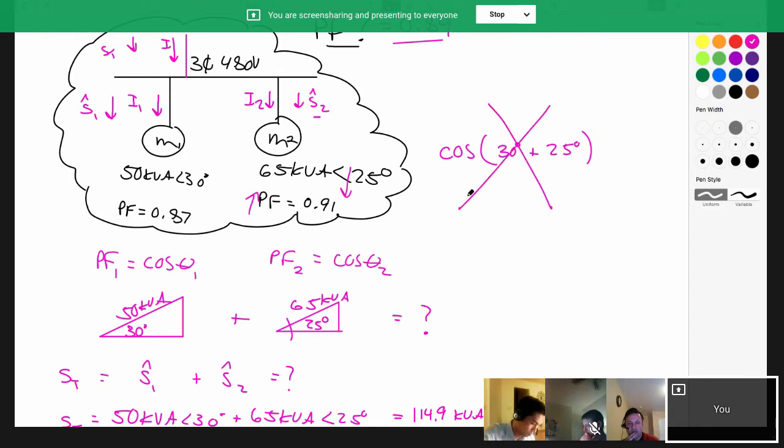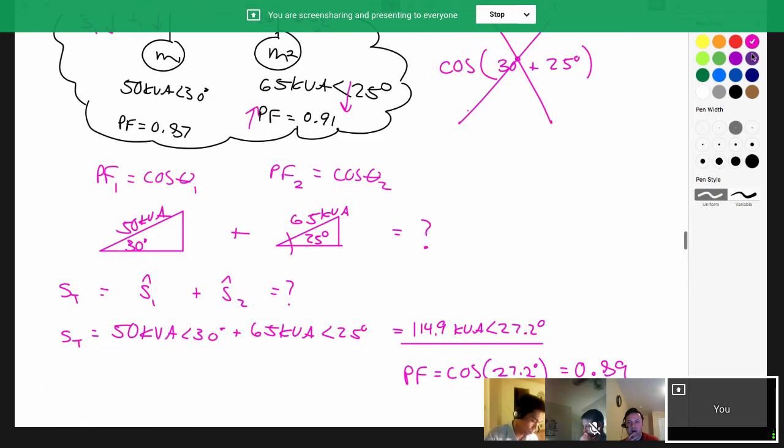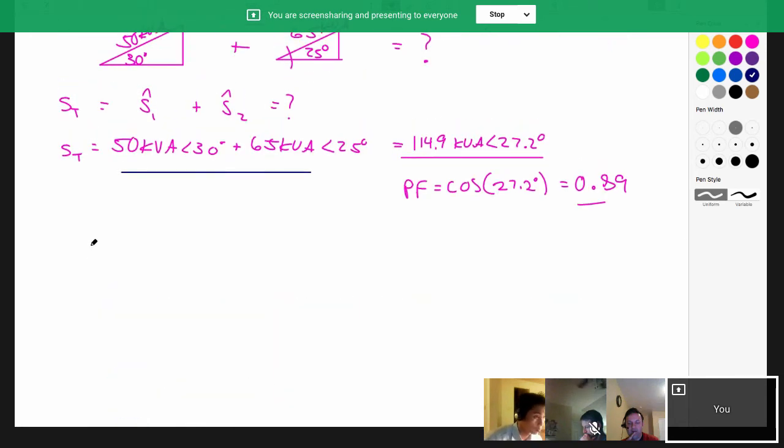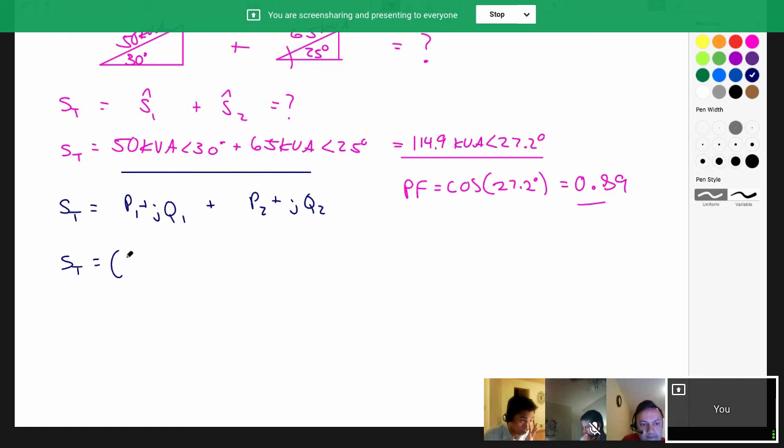Because remember, even though we punched this in our calculator, what our calculator actually did was convert that to P1 plus jQ1 and P2 plus jQ2. And then it took the sum of the reals and the sum of the imaginaries, or the Q's. And then it converted that to polar.